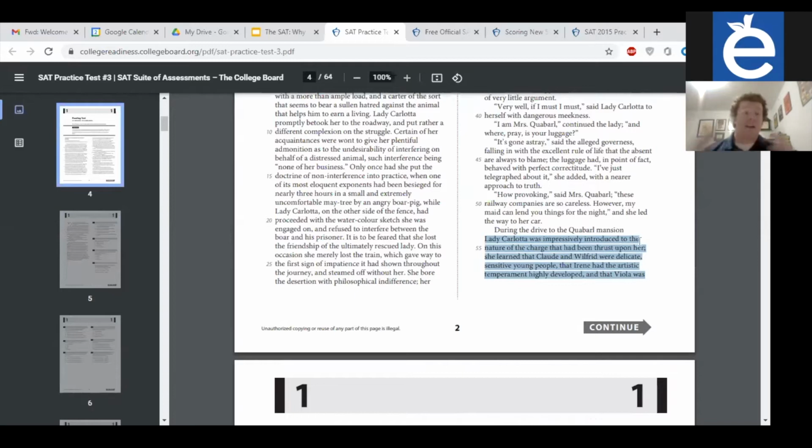From that context, so notice I continued reading after the semicolon because I wanted all of the context here. From that context, who she's being introduced to are these children, Claude, Wilfred, and Irene. When they give us this word charge, depending on how much we understand of the other context, we can at least say it's these kids, Claude, Wilfred, and Irene.